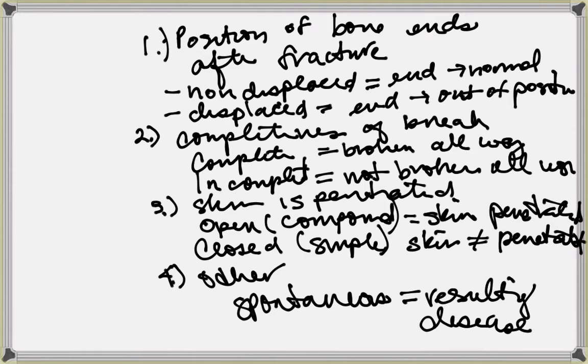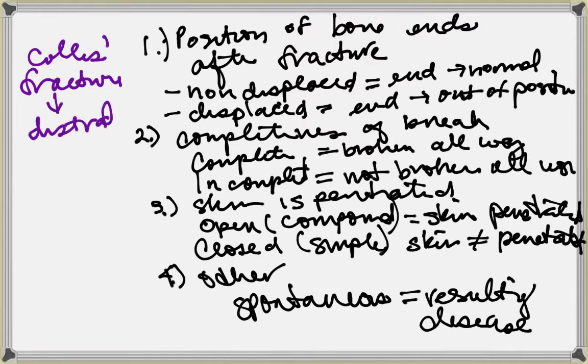They also have very specific breaks in specific parts of your body that are labeled. So for instance, a Cole's fracture is a break in the distal radius.